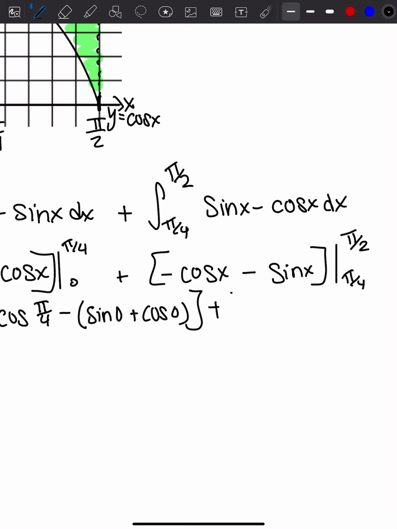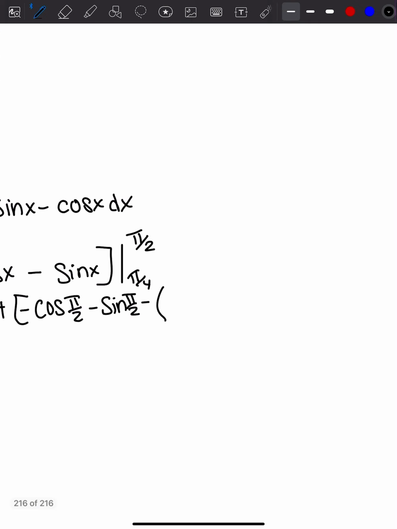And we're adding to that negative cosine of pi over 2 minus sine of pi over 2, minus negative cosine of pi over 4 minus sine of pi over 4.